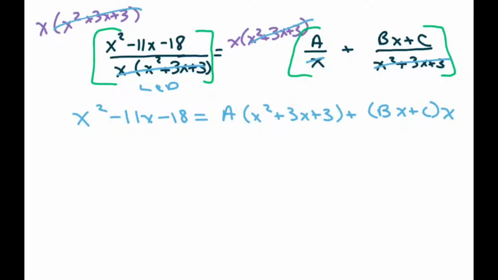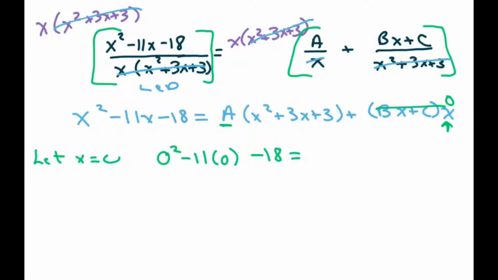Now, the first thing I'm going to do is I notice I just have an x here, so I'm going to let x equal 0. That's because if that's 0, that's going to knock those two out, and I can just solve for A. So we have 0 squared minus 11 times 0 minus 18 equals A times 0 squared plus 3 times 0 plus 3.